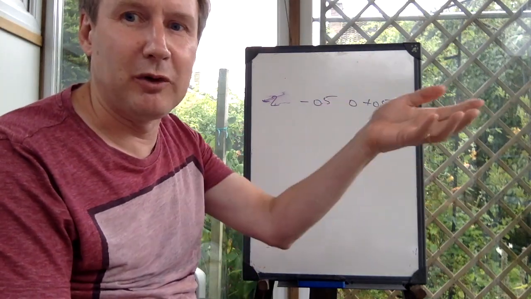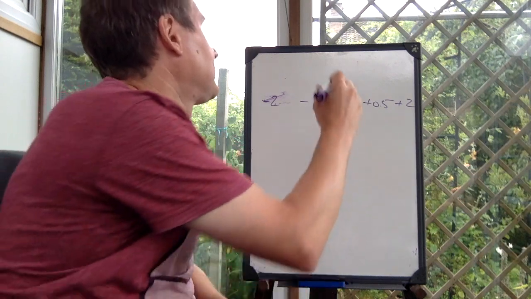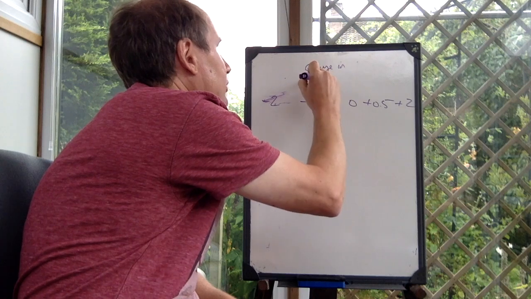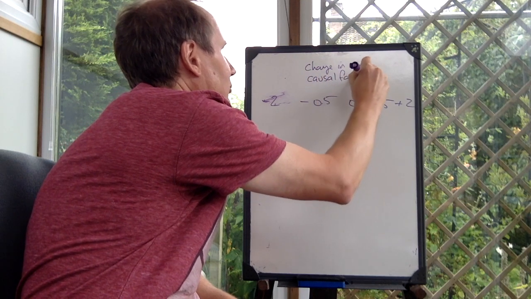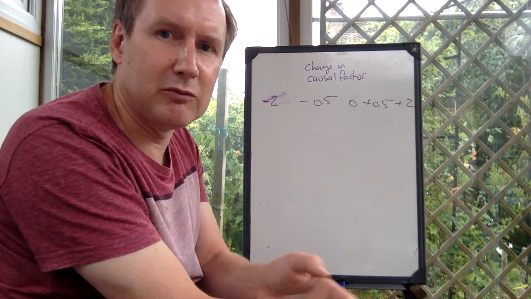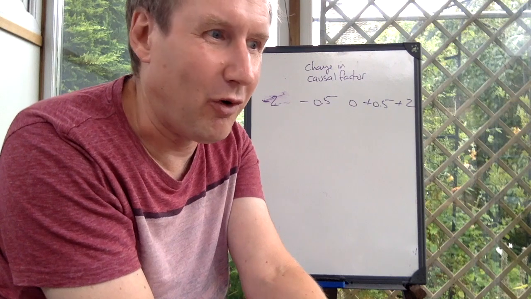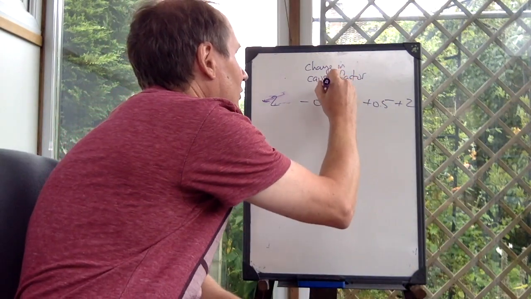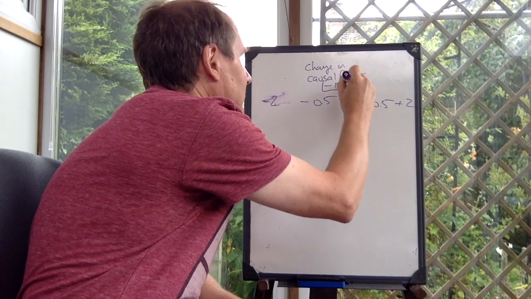Minus 2, minus 0.5, 0, plus 0.5, plus 2. And let's suppose that there is a change in a causal factor. And a causal factor is just something like price or income or advertising or how hot it is outside, or it could be anything. And let's suppose that causal factor rises, falls by 10%.